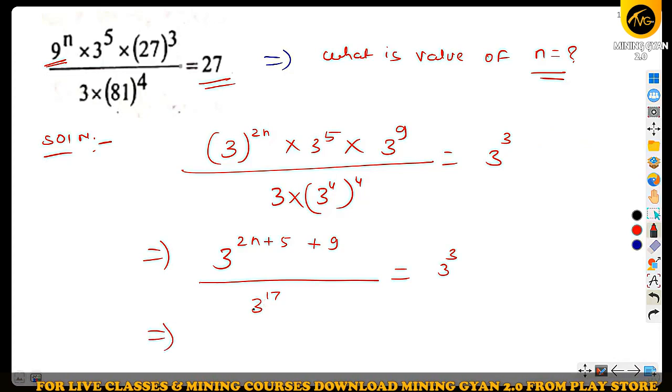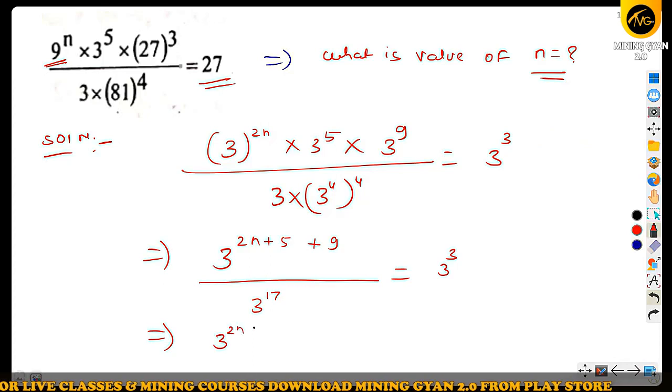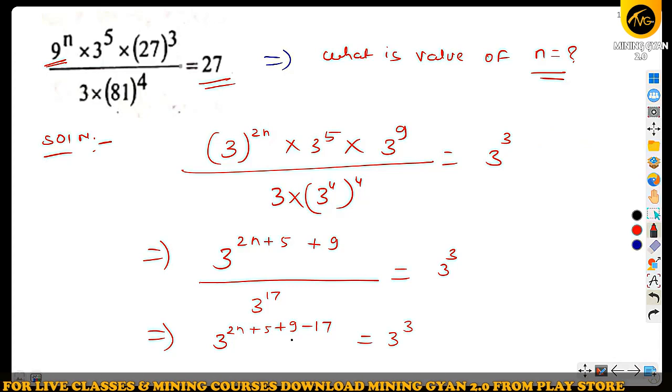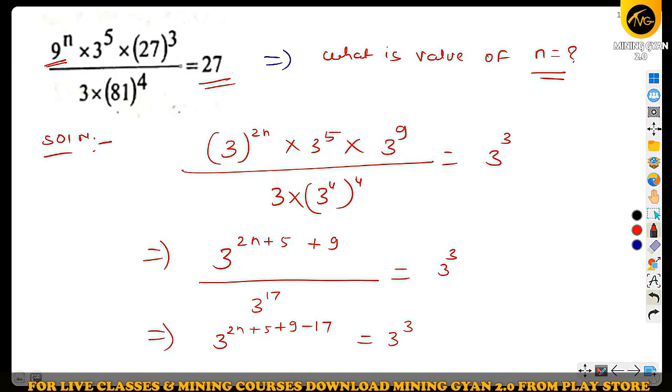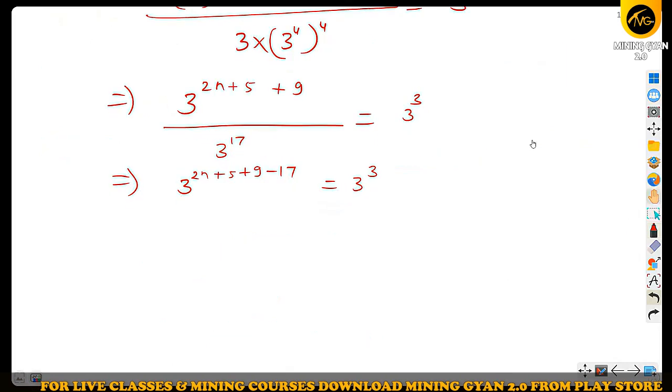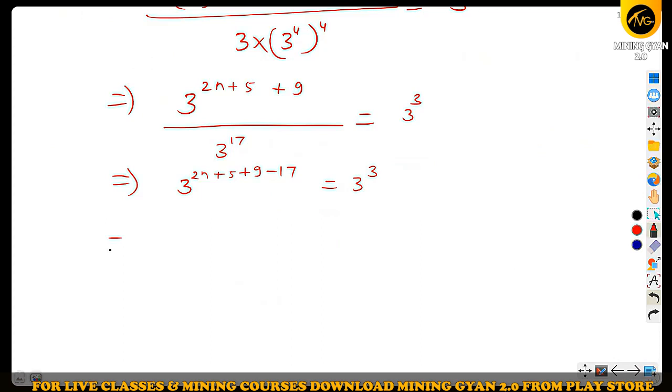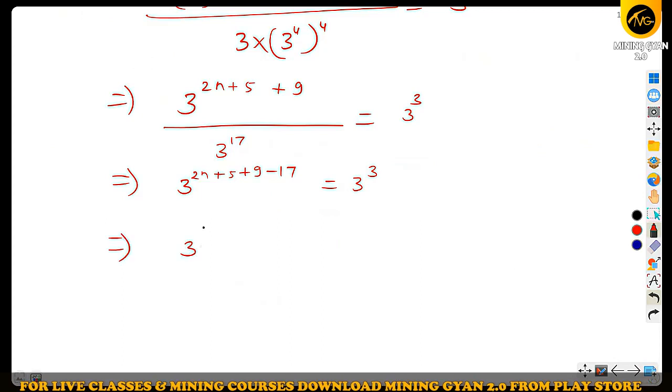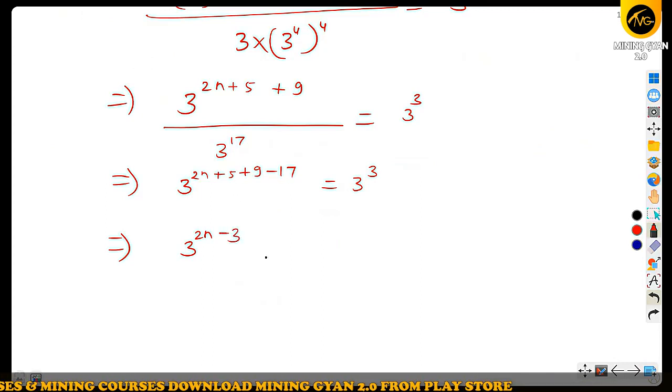So we can combine the powers: 3 power 2n plus 5 plus 9 minus 17 is equal to 3 cube. So 5 plus 9 is 14, minus 17, that means minus 3. So 3 power 2n minus 3 is equal to 3 power 3.